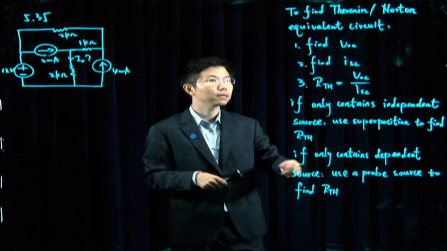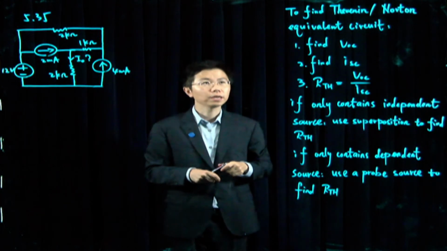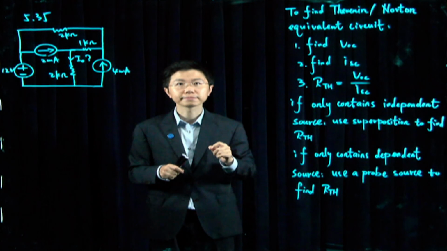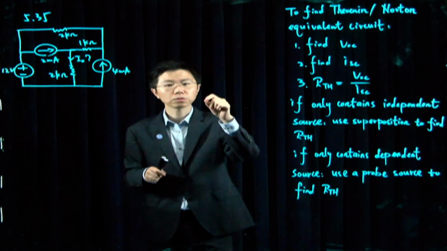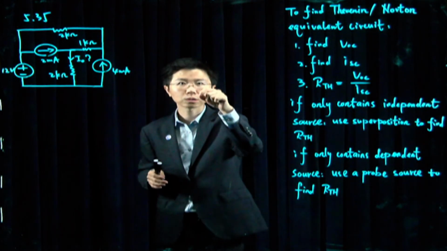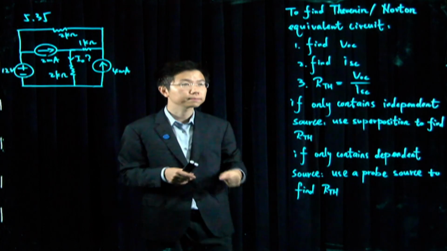The second step for finding the equivalent circuit is to find the ISC, the short circuit current. Again, starting with those two separating points, you can conceptually add a short circuit between them and find the current through that short circuit.